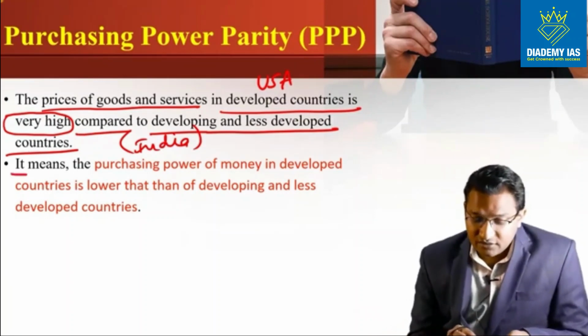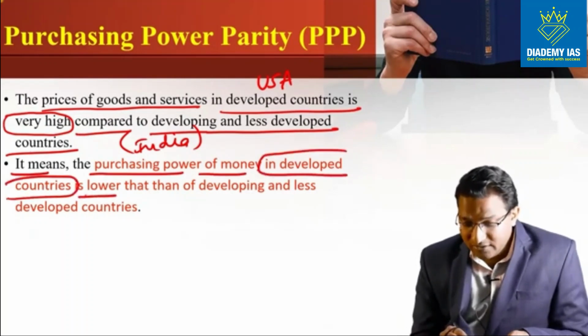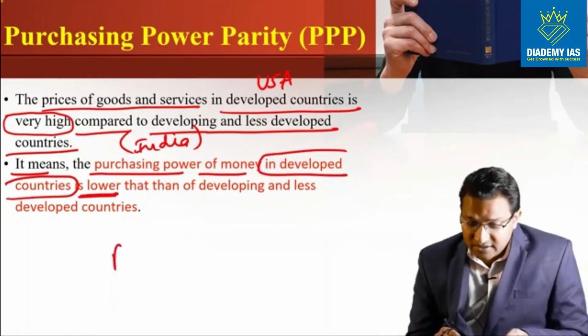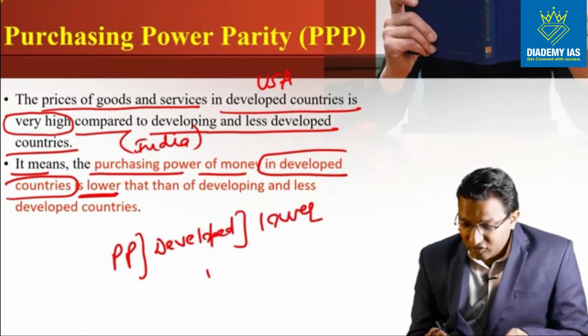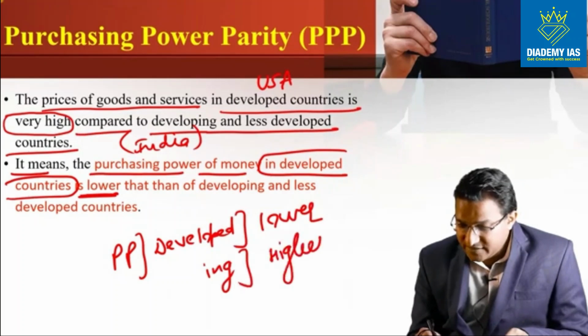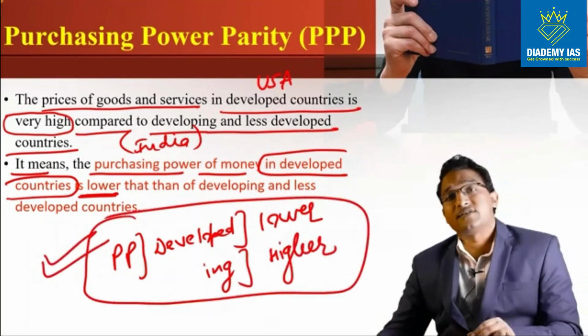It means the purchasing power of the money in the developed countries is lower, and in the developing countries this is higher. So please be careful about this. Don't forget this.